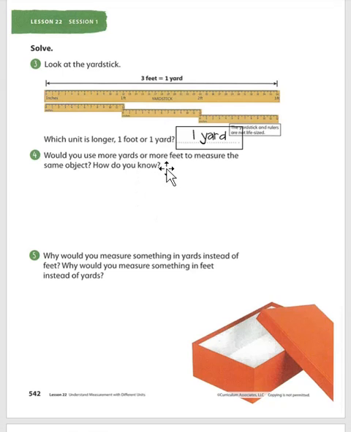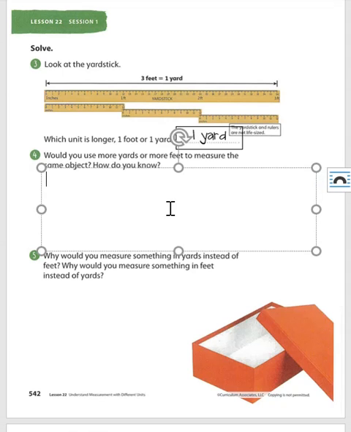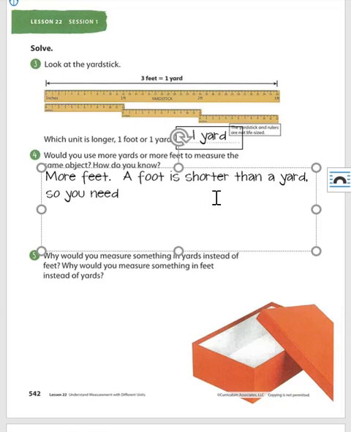Well, yards and feet, which one's smaller? Because that's what you'd use more of. You would use more feet. Sorry. More feet. A foot is shorter than a yard. So you need more feet than yards.